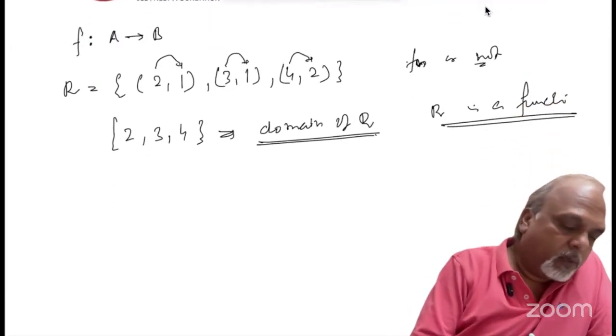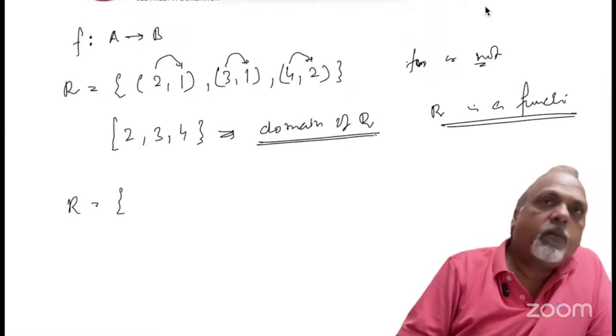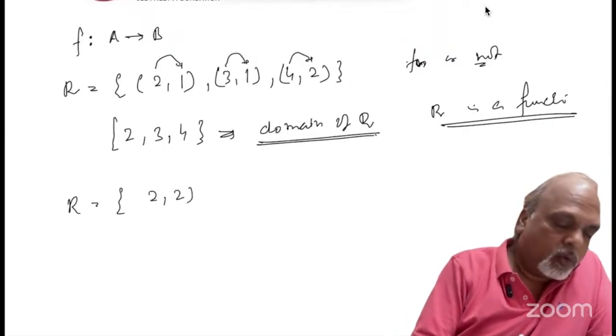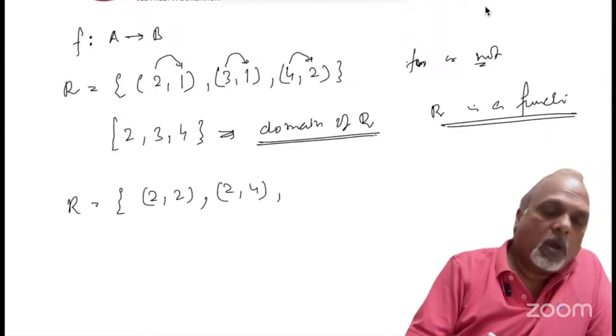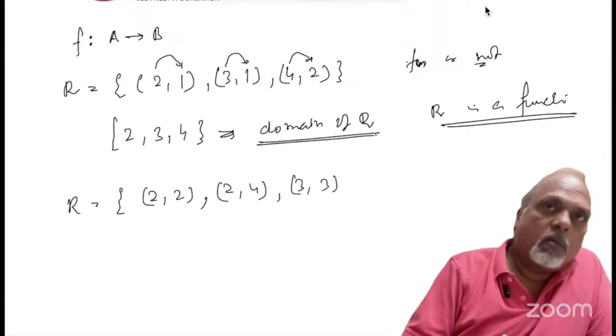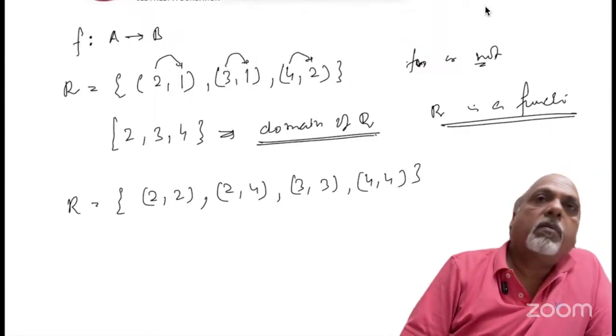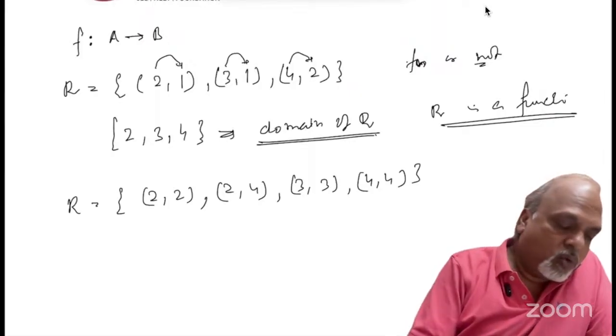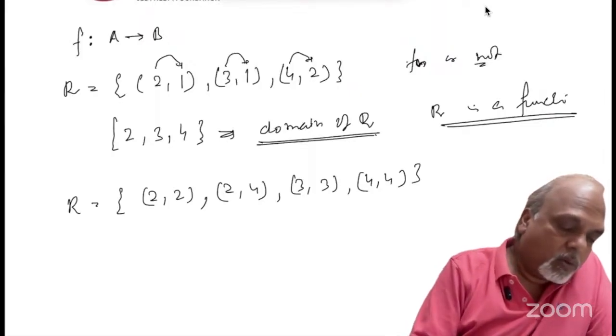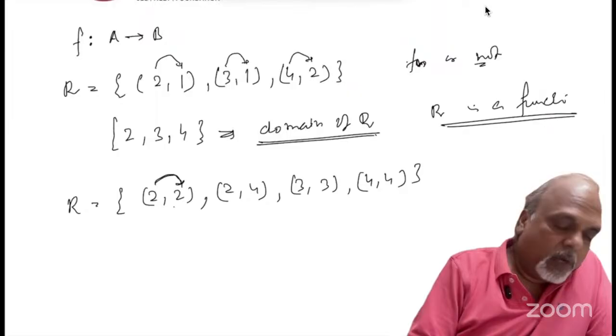Let us take another example. Suppose your R is (2, 2), (2, 4), (3, 3) and (4, 4). Here, if you see, the first element 2 has got the image as 2 and the image as 4 also.